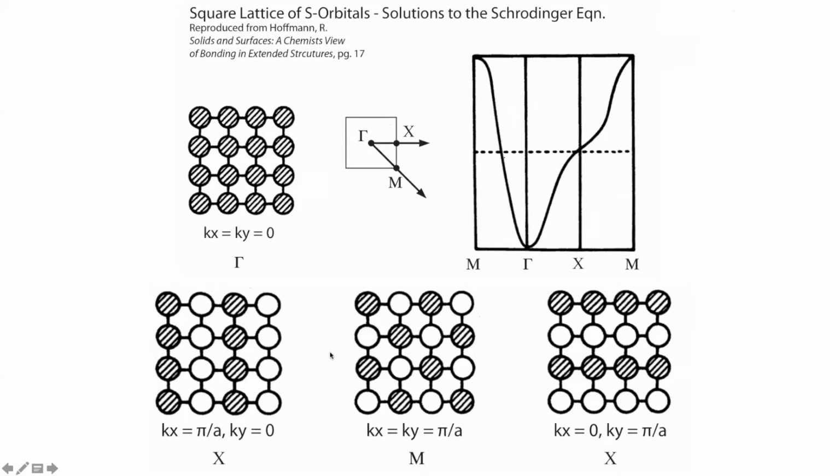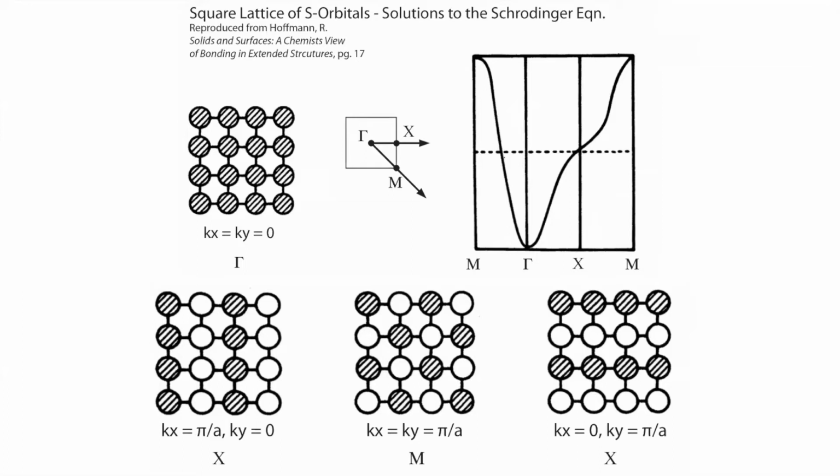So let's take a look at this wave function a little more closely now. In the ky equals 0 direction, it's just the sum. The s orbitals are not changing sign in the y direction. But in the x direction, where kx is equal to pi over a, the orbital basis is changing sign. And we know for just a linear chain, when k is equal to pi over a, you go from plus to minus to plus to minus to plus to minus.